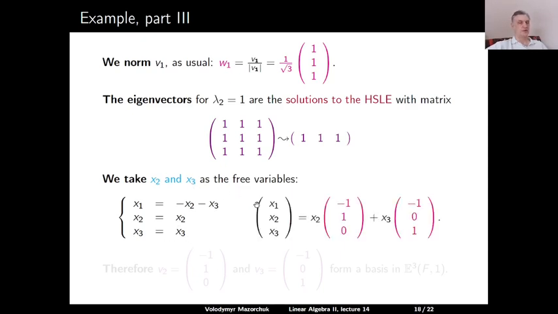So in the vector form, (x1, x2, x3) is equal to x2 times (-1, 1, 0) plus x3 times (-1, 0, 1). Great, this means that the vectors v2, which is (-1, 1, 0), and v3, which is (-1, 0, 1), form a basis in the eigenspace for the eigenvalue 1.